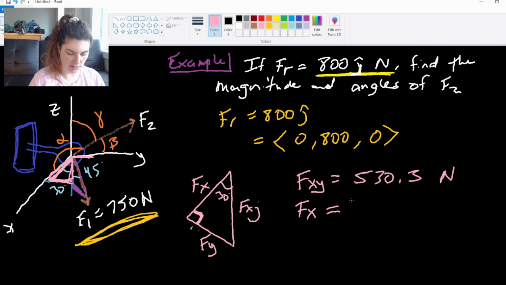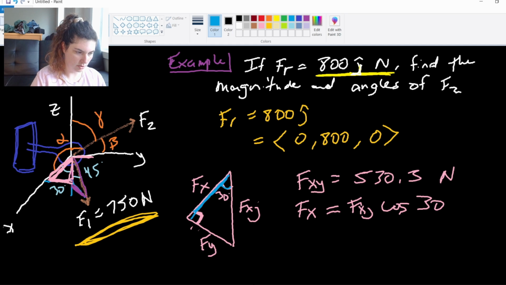Fx equals Fxy cosine 30, cosine because it is adjacent to the 30-degree angle, which gives us 530.3 times cosine 30, going to be 459.3 newtons. And this is positive. This is the positive x direction.